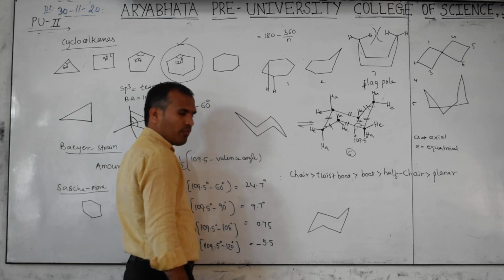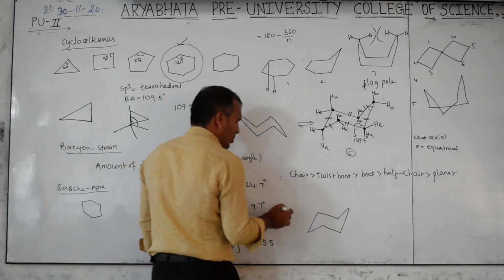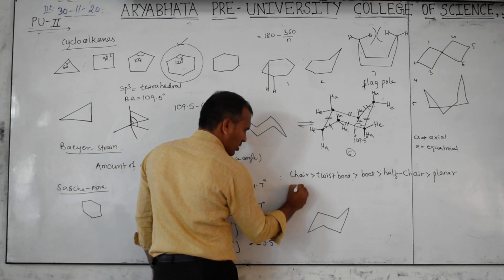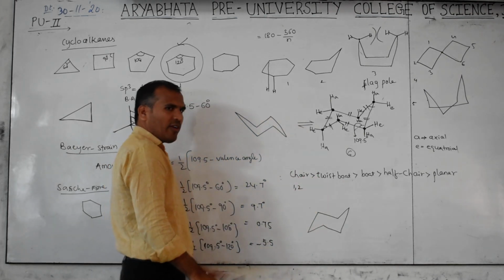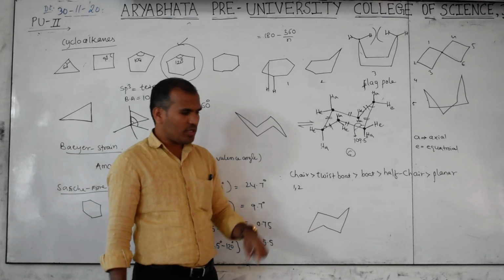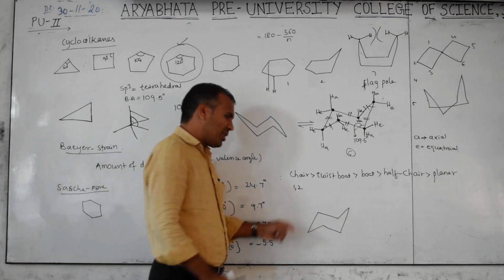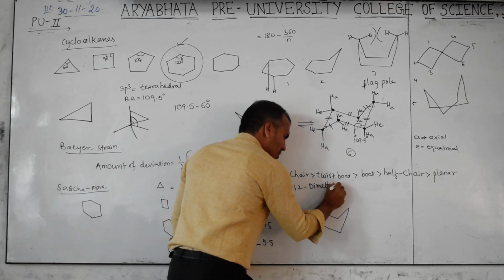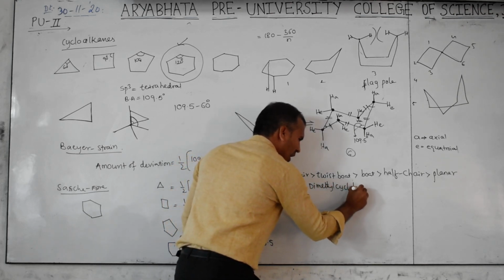Now this is chair form. Otherwise, it may be given like this: at first position, at second position, we have the methyl group. 1,2-dimethylcyclohexane.